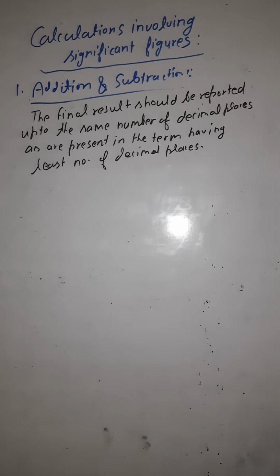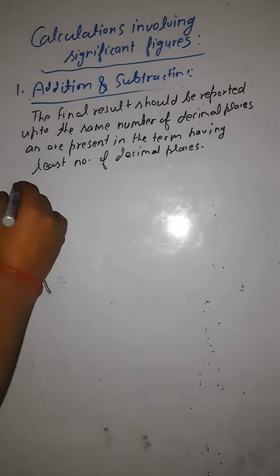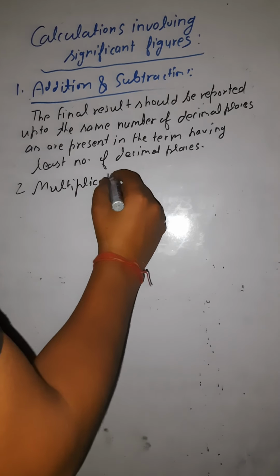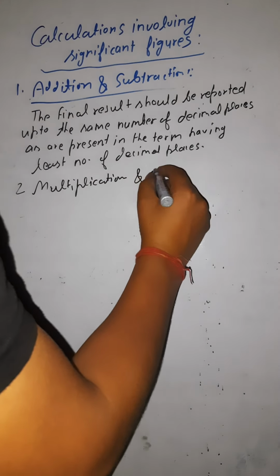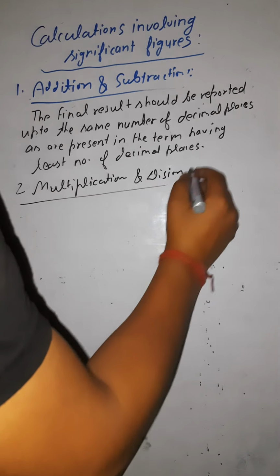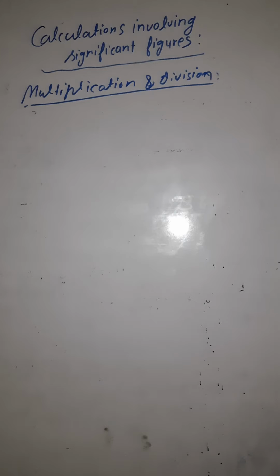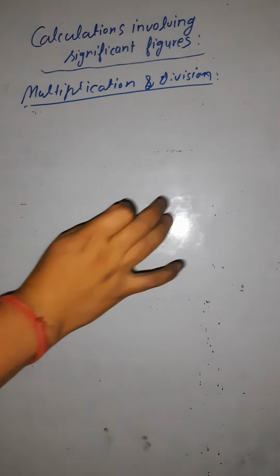Now we would study multiplication and division. That is the second one. Multiplication and division. Okay, first you note it down. For multiplication and division we have the same rule now. So just remember one point here.